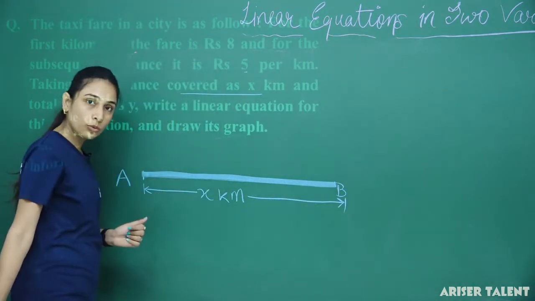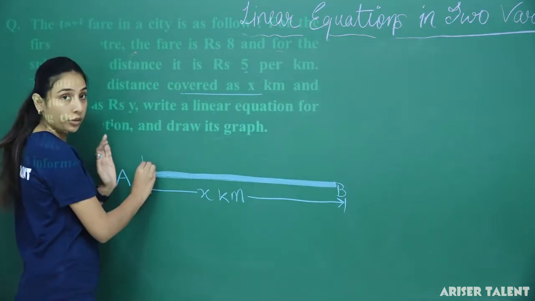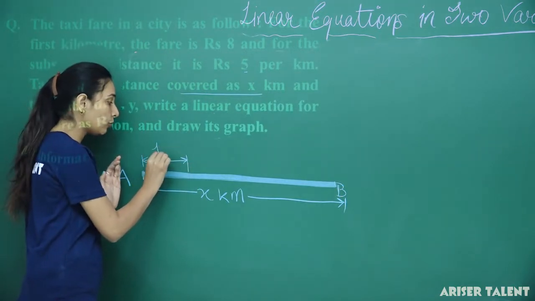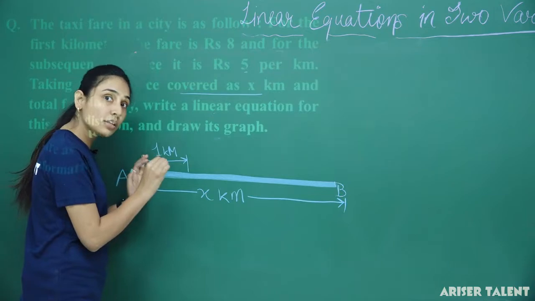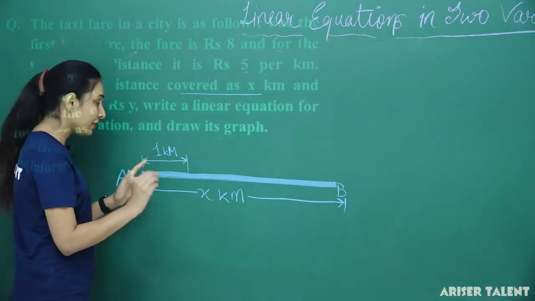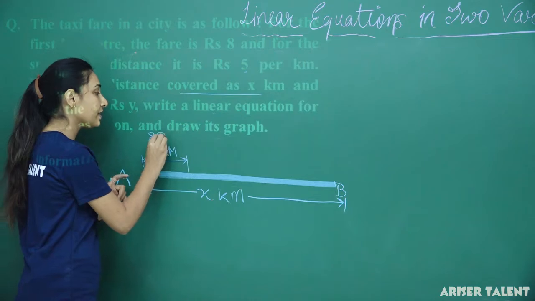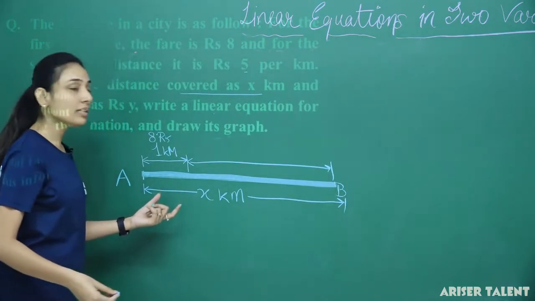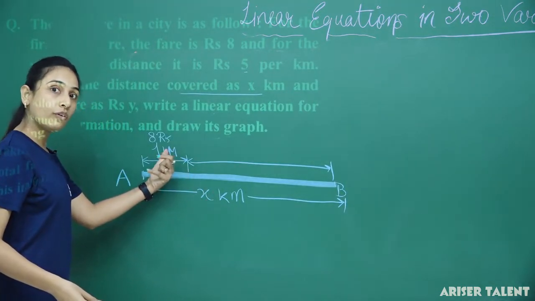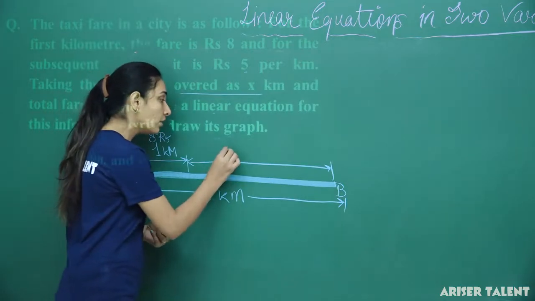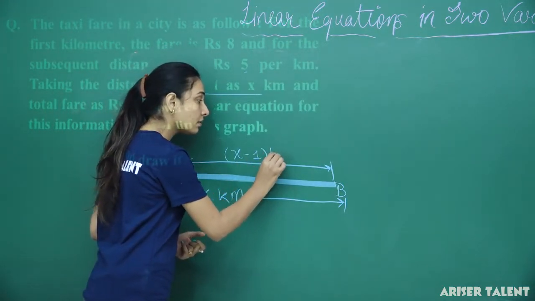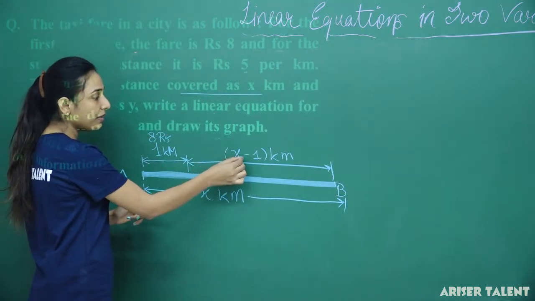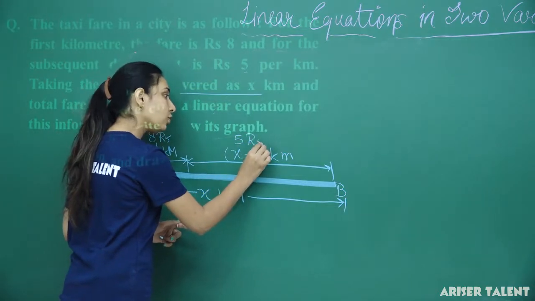Now the taxi driver said to Mr. Mohit that for the very first kilometer, this 1 kilometer, he will charge 8 rupees, and for the rest of the kilometers, how many have been left? From x, 1 has been covered, so that will be x - 1 kilometers. These are charged at 5 rupees per kilometer. So for x - 1 kilometers, Mohit will give 5 multiplied by (x - 1), plus the 8 rupees, because the first kilometer is charged 8 rupees and the remaining distance is charged 5 rupees per kilometer.